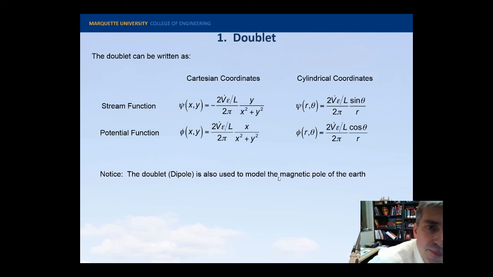All right, so once you get that done, you can write your doublet in terms of the stream function in Cartesian or cylindrical coordinates, or in terms of the potential function in Cartesian and cylindrical coordinates. You might have seen the doublet as a dipole. It's also known as a dipole.